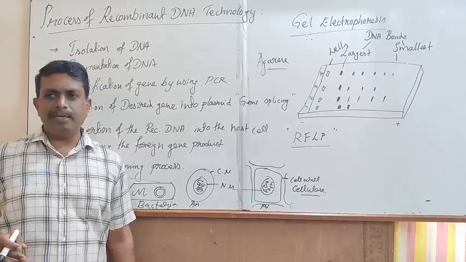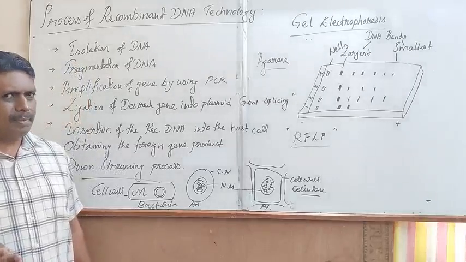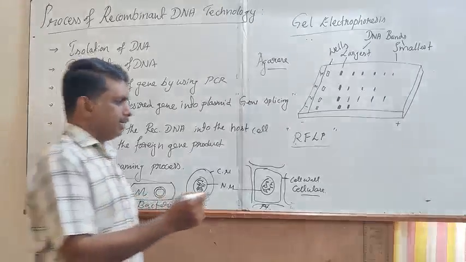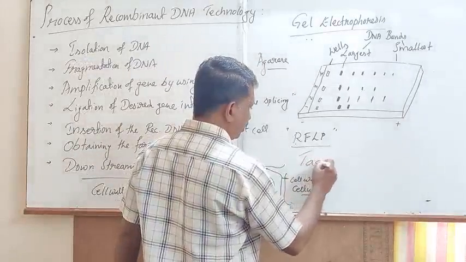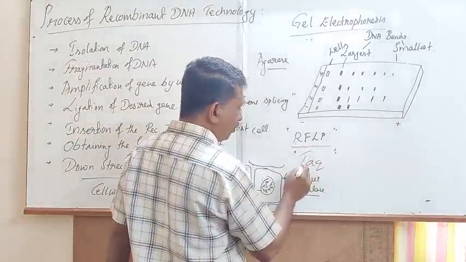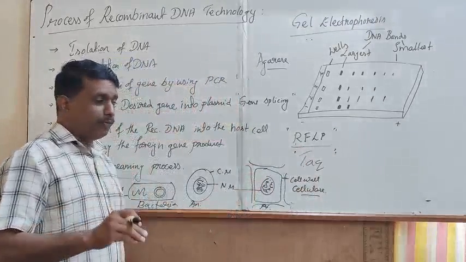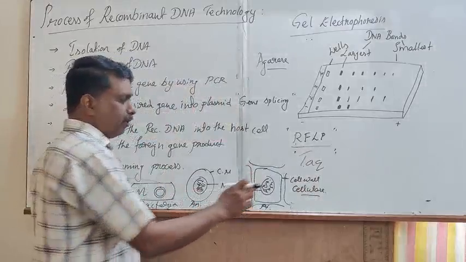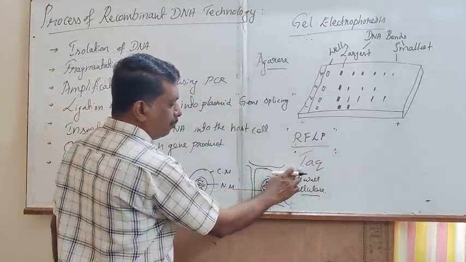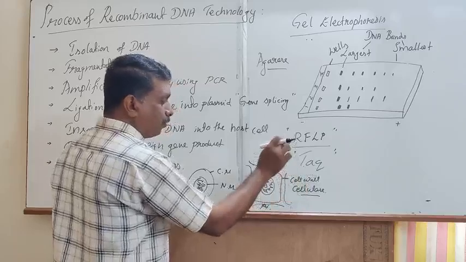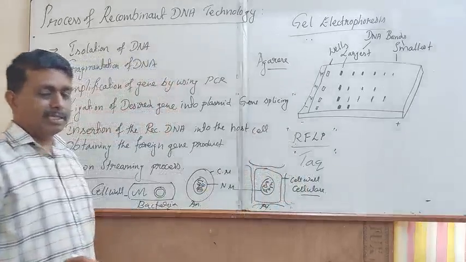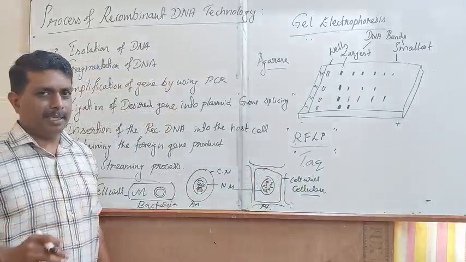In polymerase chain reaction, the Taq polymerase enzyme is extracted from an extremophile called Thermus aquaticus. From Thermus aquaticus, Taq polymerase enzyme is obtained.